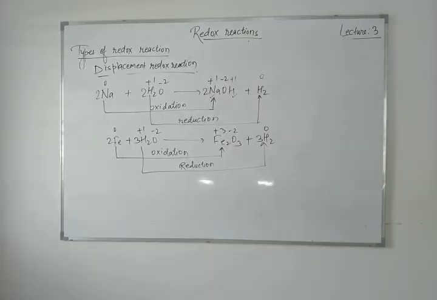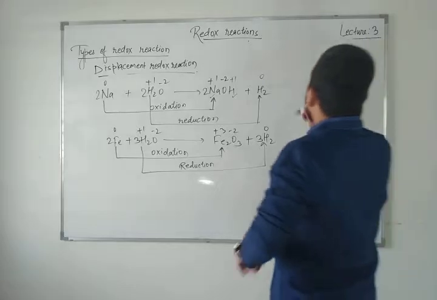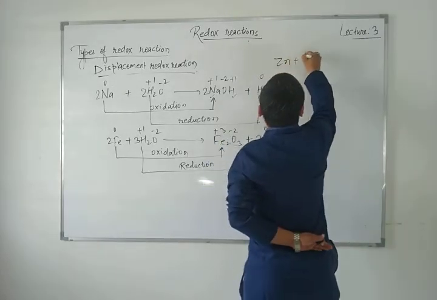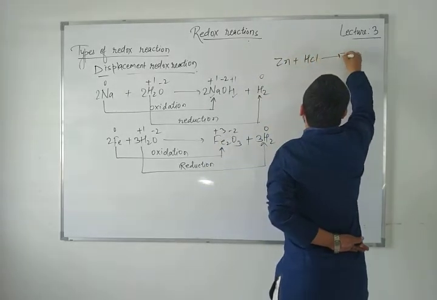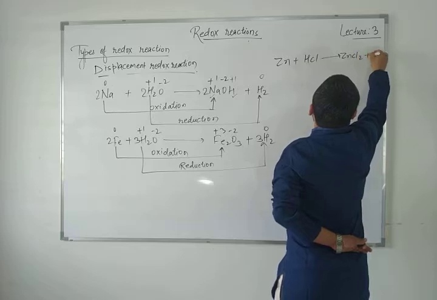And if you want metals like zinc, magnesium, iron to react with hydrochloric acid, what will happen? Zinc plus hydrochloric acid, magnesium plus hydrochloric acid, iron plus hydrochloric acid. They will just give you the redox reaction. Just see, Zn plus HCl gives ZnCl2 plus H2.